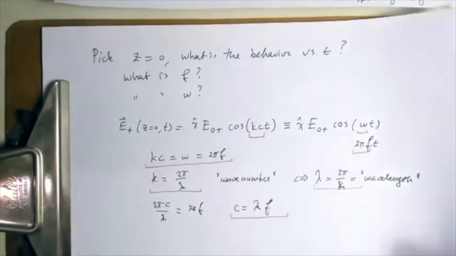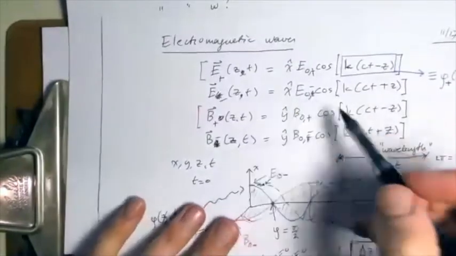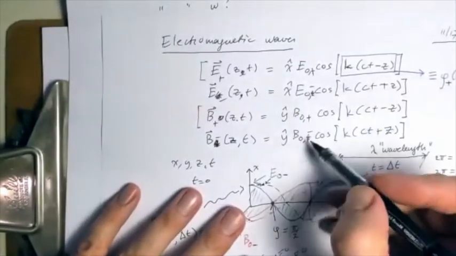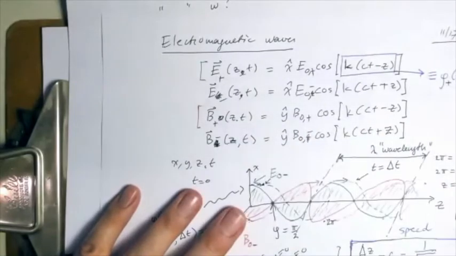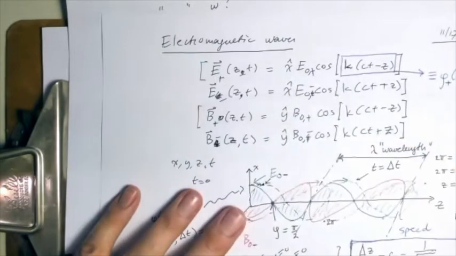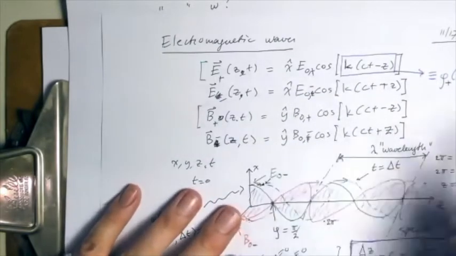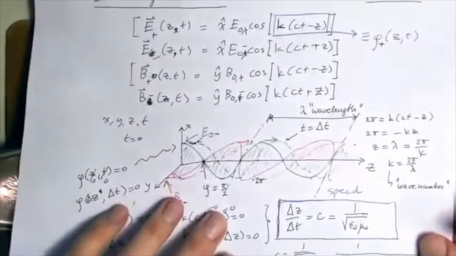Now let's talk about the relation between these prefactors for B and for E, because I was saying that the solution for the B field is coming from the wave equation for B, and the solution for the E field is coming from the wave equation for E, and they're not independent. So once we have the E field, what is the related B field?